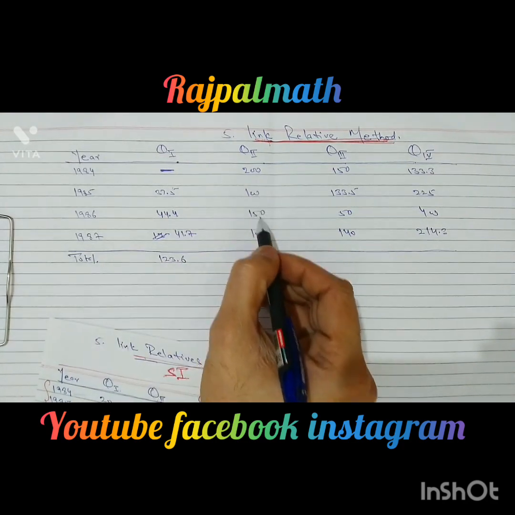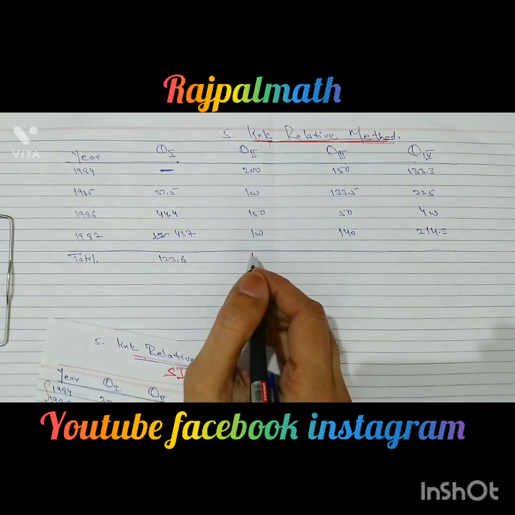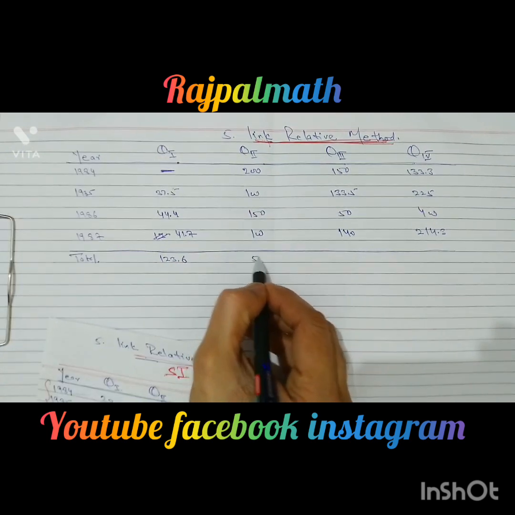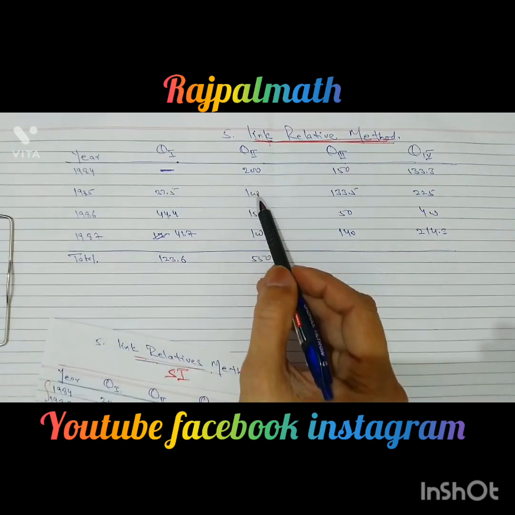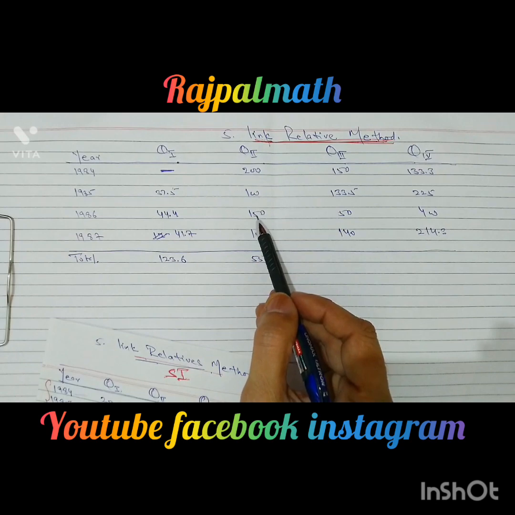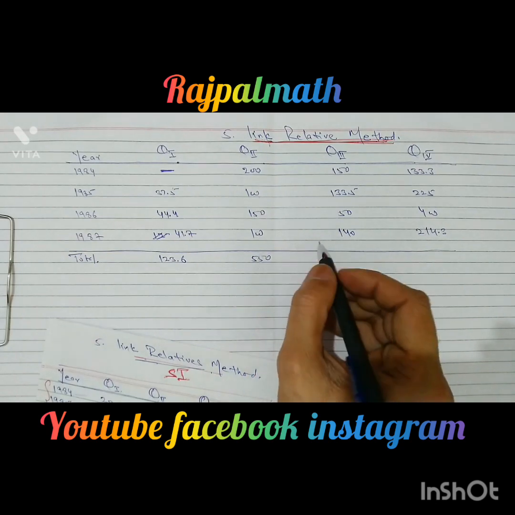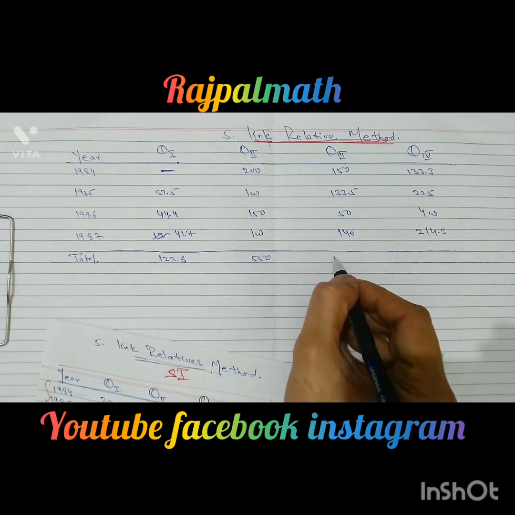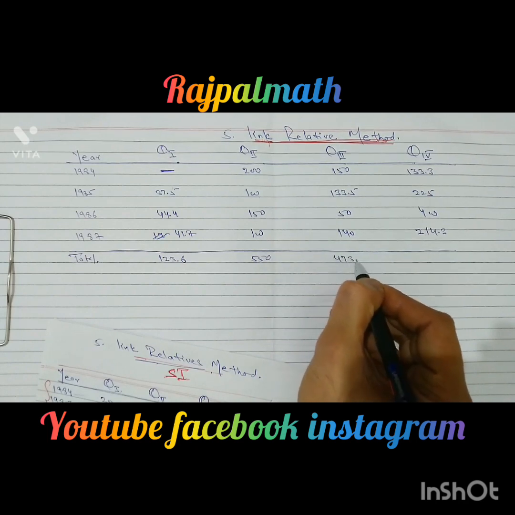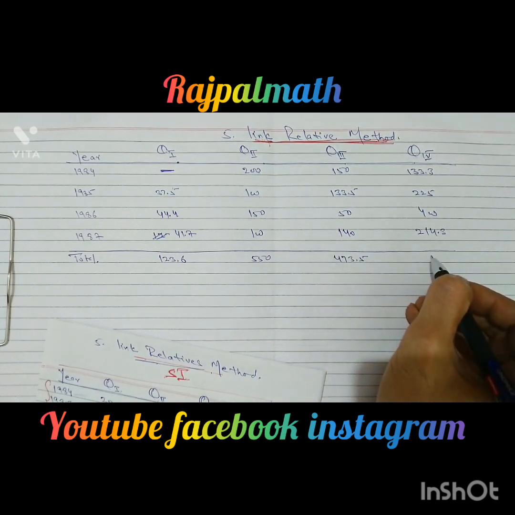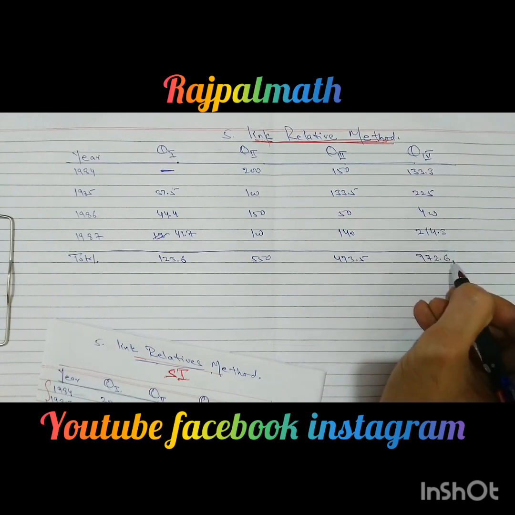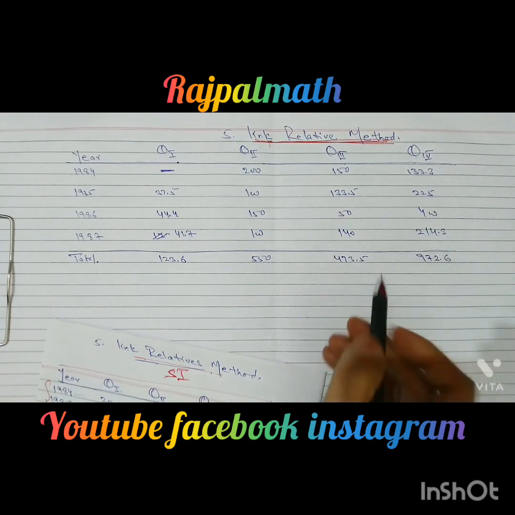This plus this plus this plus this is 550: 200 plus 100, 300 plus 150, 450 plus 100, 550. And this 473.5, and for the last 972.6 are the totals of LR.